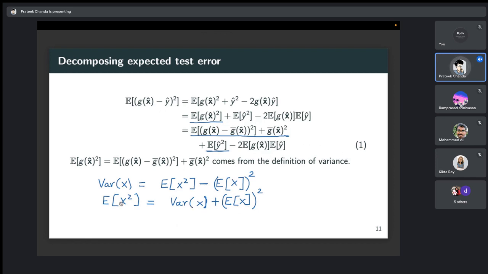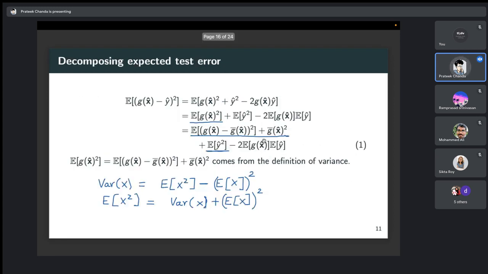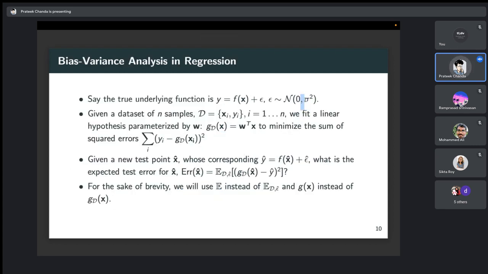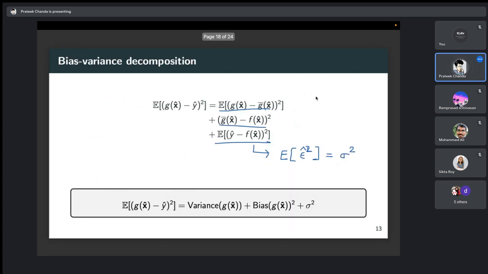Instead of x, now I have epsilon. So expectation of epsilon square would be variance of epsilon plus expectation of epsilon whole square. Since epsilon comes from a normal distribution of mean 0 and variance sigma square, the expectation of epsilon would be 0 because my mean is 0, and variance of epsilon would be sigma square. As a result, I get expectation of epsilon hat whole square equal to sigma square.